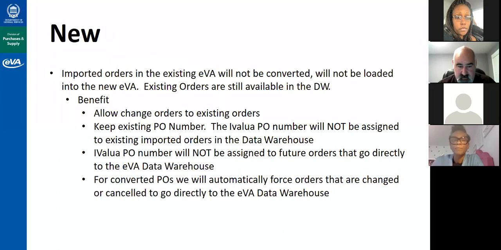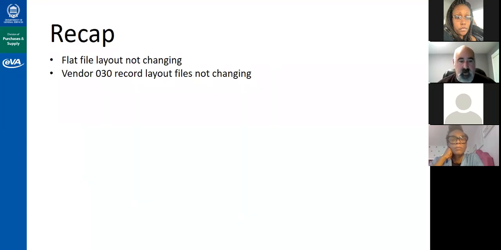That will have your old EP number, in case you created a PO in the existing system and it gets converted and goes to the new system. Then when you get ready to do a receipt against the old EP number, when we send you that receipt, it will have the iValue PO number and the old Ariba EP number.